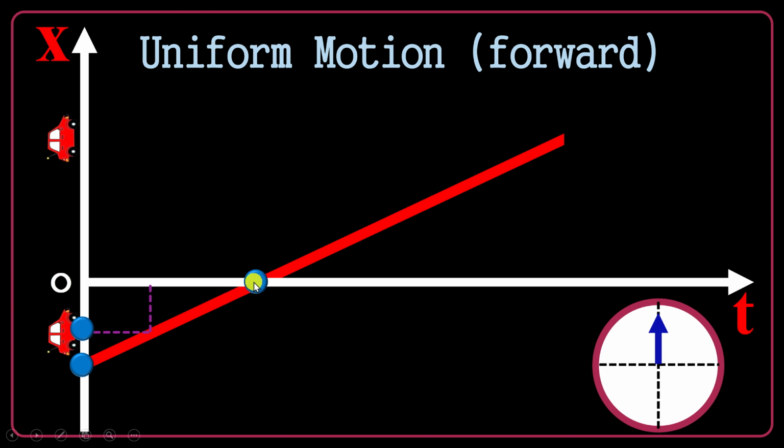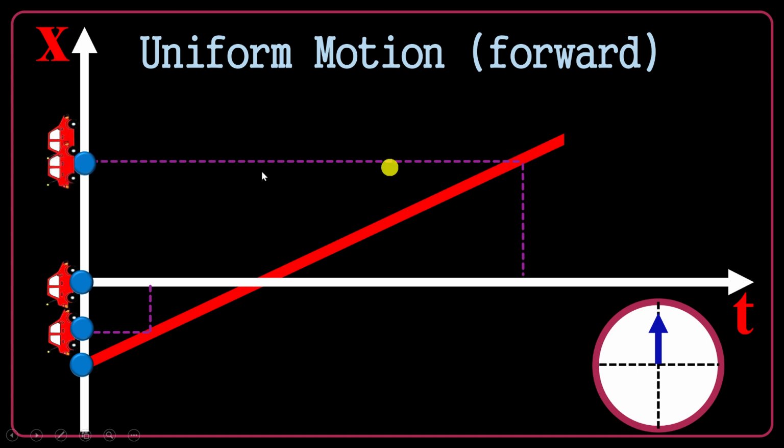We continue here. Oh yeah, it's interesting. At this moment, you see, the object is at x equals 0. So it's crossing the t-axis, so crossing the origin. At this moment, I go up and then leftward, and I will find the toy car here, you see?